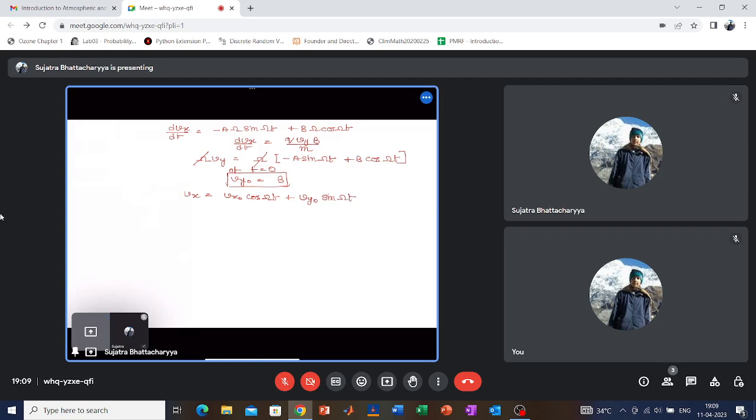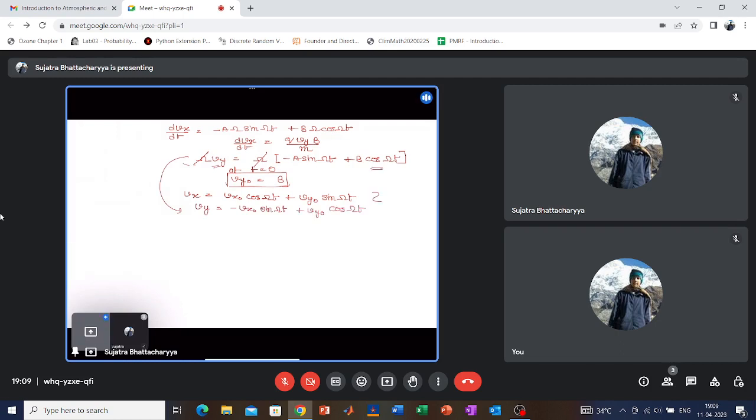right? And as you can see, the expression of Vy is minus a sine omega t plus b cos omega t. So from here we can directly write Vy will be equal to, see, minus a, so it will be minus Vx0 sine omega t plus Vy0 cos omega t.